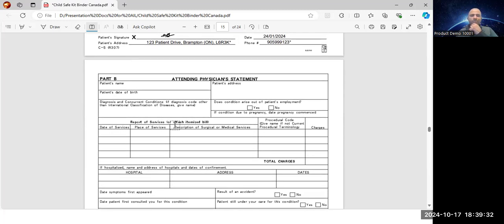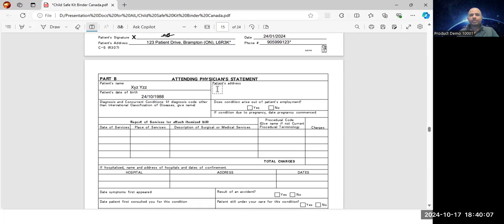Okay, for your APS, you will need the name of the patient. So let's say your patient's name is XYZ. You will also need the address. Again, the patient's name over here should match the name on your government piece of photo ID, and your date of birth. So let's say this is the date of birth for the patient, 24th October 1988.